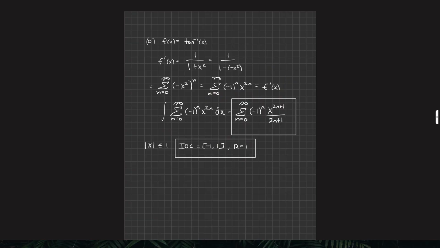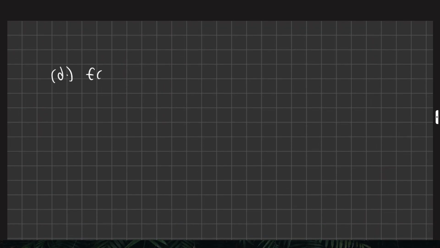Okay, let's look at part D. So this is f of x equals x over (2 minus x) squared. This is a little bit of an ugly factorization, but I'm just going to give it to you.